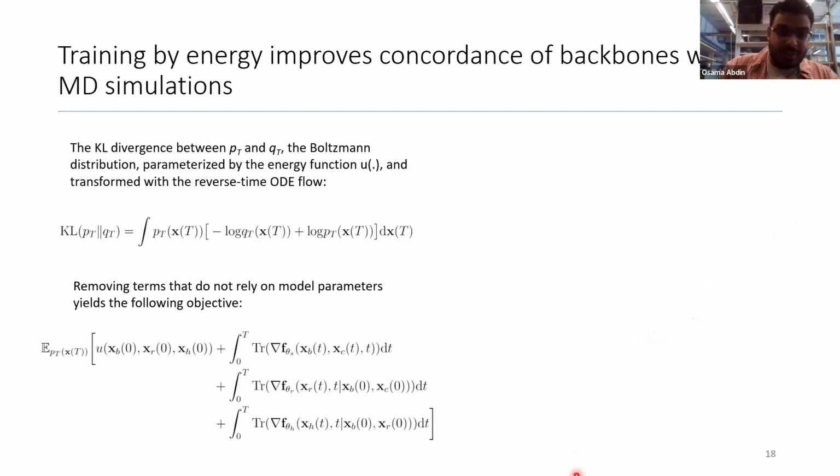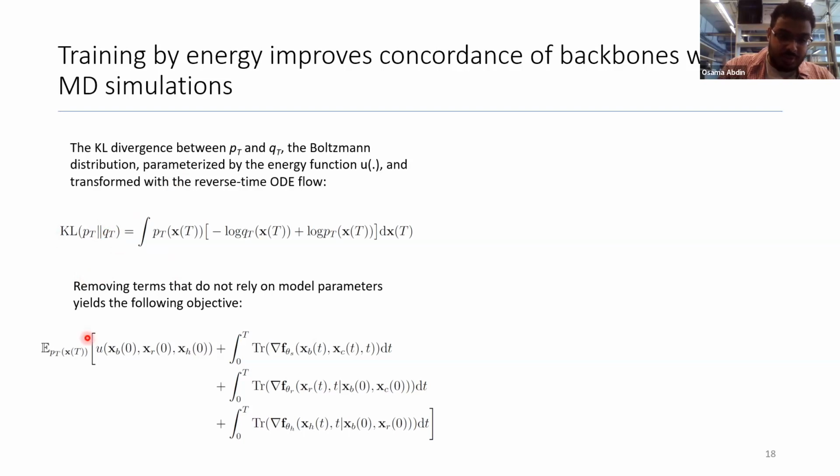We discussed this previously, but when moving to training by energy, the goal was ultimately to minimize the forward KL divergence between the prior distribution and the distribution generated by transforming samples using the reverse time ODE.